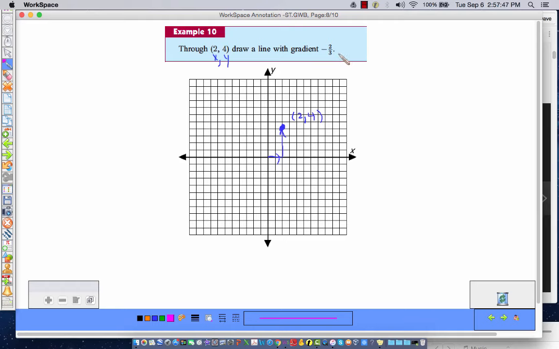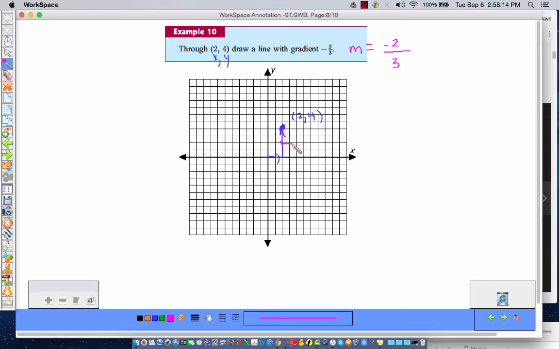So the way that I would like for you to handle this whenever you're drawing it is think of the y step as the negative. Okay, so when you're doing this, always use the y step as negative, or do your y first. So it's going to be up or down. Since it's negative, it's going to be down. So I'm going to go 1, 2. And then the x step is a positive 3.